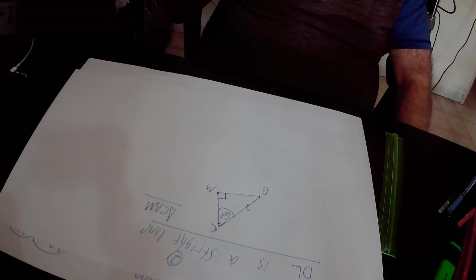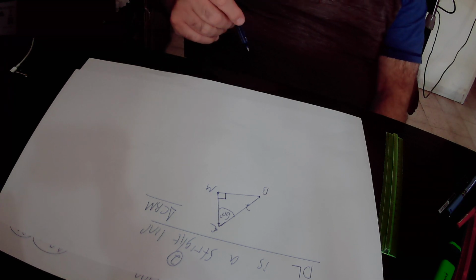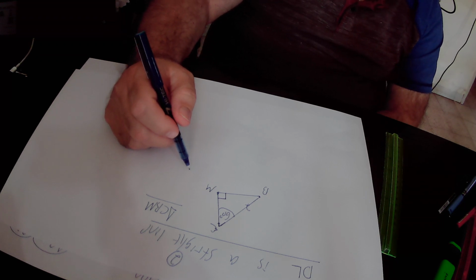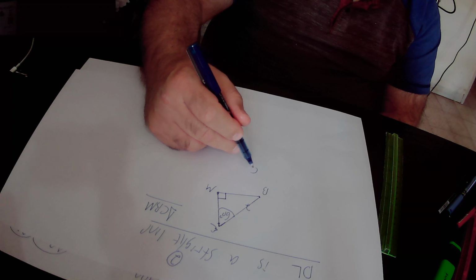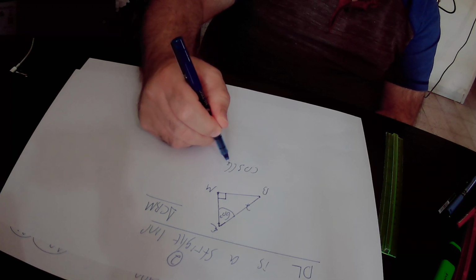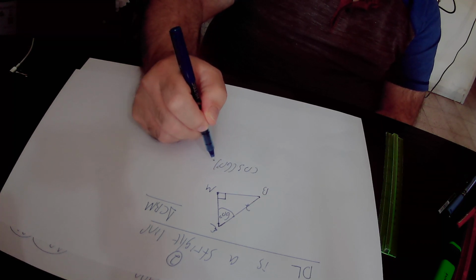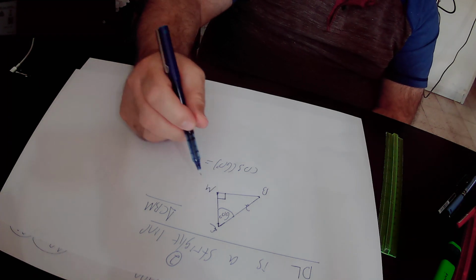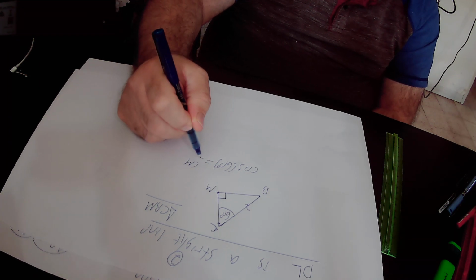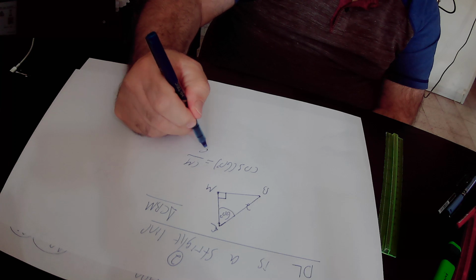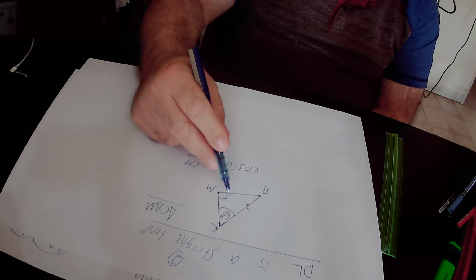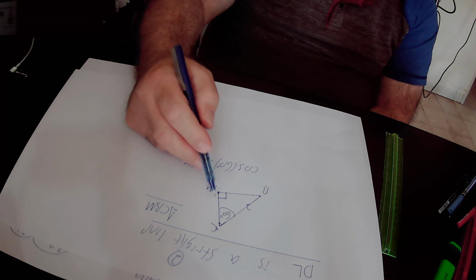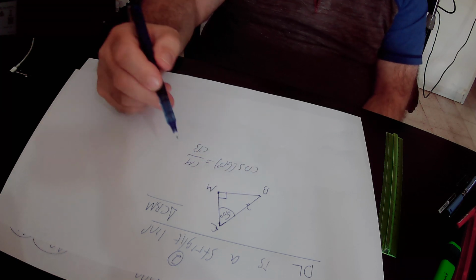So in this right triangle CBM, we know that cosine 60 degrees equals CM over the hypotenuse CB.